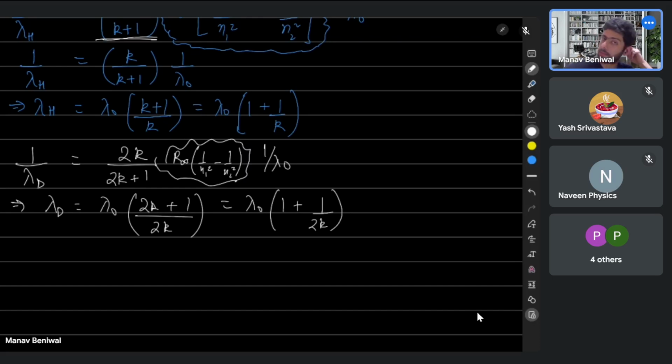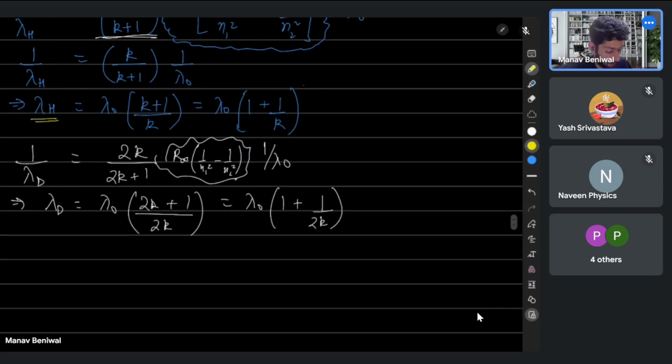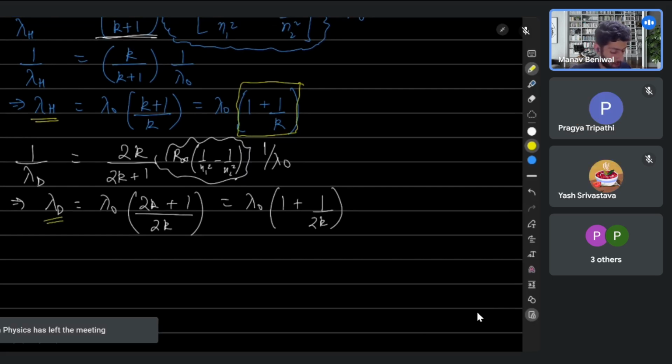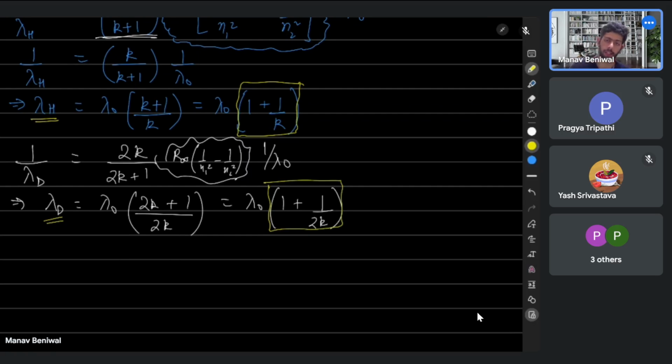Clear? Yes, sir. Okay, so you can now see that our wavelength for hydrogen has changed by this factor, and our wavelength for deuterium has also changed by some other factor. Because the factors are different, the values of lambda h and lambda d will also be different.